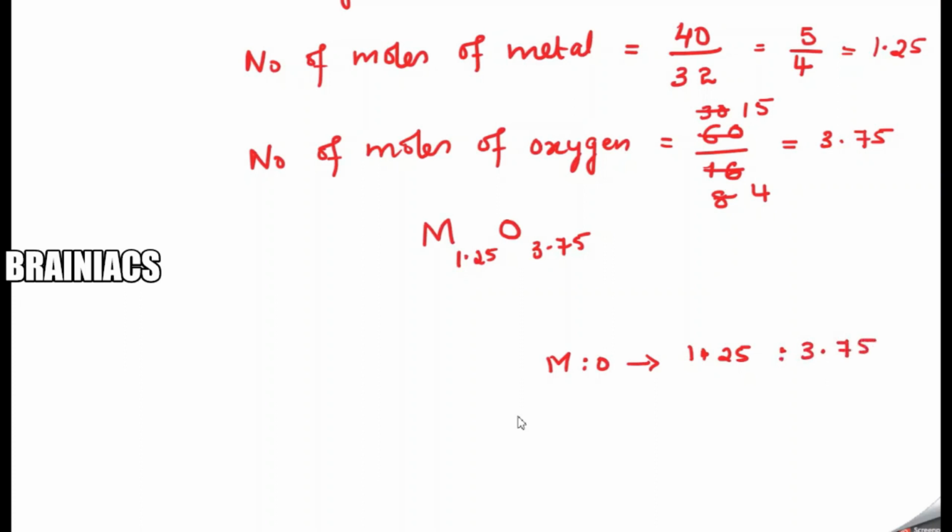To get the lowest value, divide by the smallest number, that is 1.25. So this will become 3.75 divided by 1.25. This will get cancelled as 1 and this will get cancelled as 3. So tell me, the metal to oxygen ratio is 1 is to 3. So my expected empirical formula is MO3.